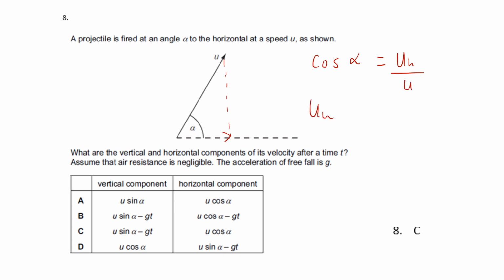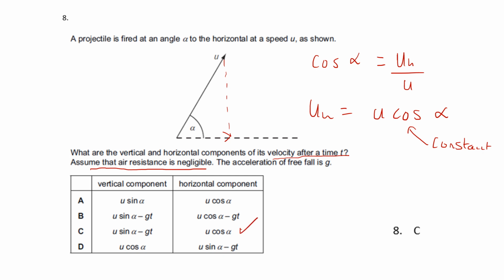So u horizontal is equal to u cos alpha, and assuming air resistance is negligible, which it does say in the question, we can assume that this horizontal component of velocity is going to be constant throughout the duration of the flight. So if we're looking at the velocity after a time t, then the horizontal component is going to be u cos alpha.